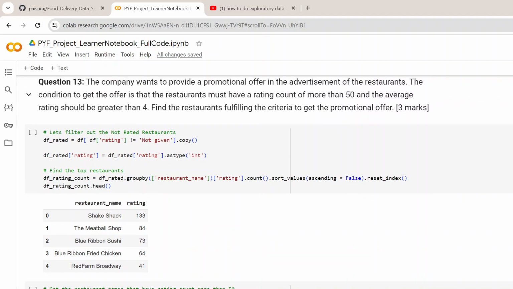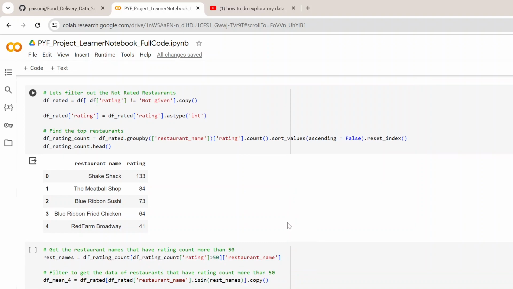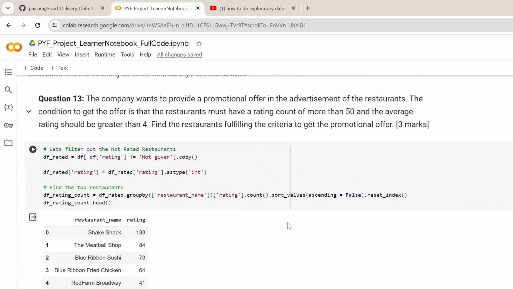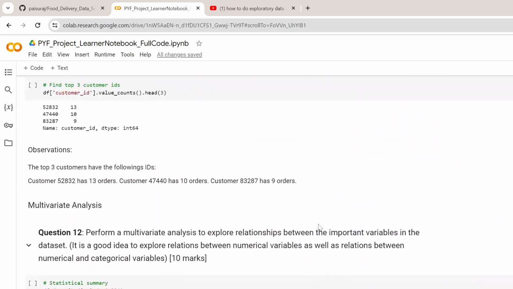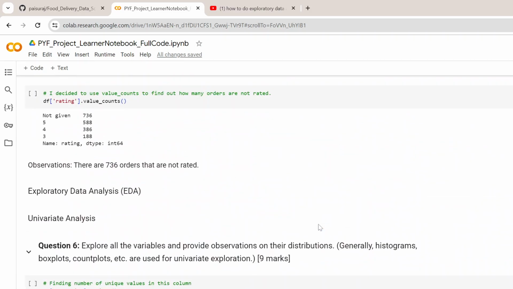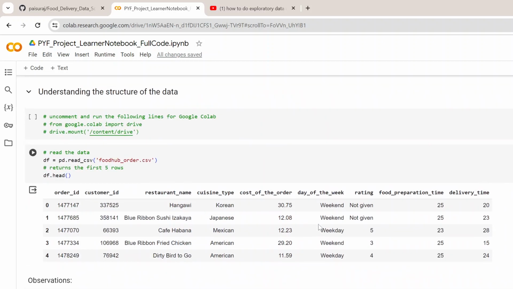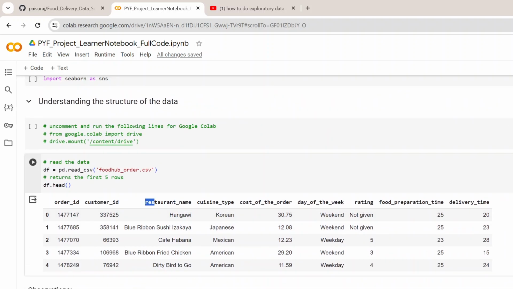So let's keep rolling with the bivariate analysis. I'm trying to think of whether I should just keep going, but it's basically however many rows of data. Let me scroll all the way back up here. We can take restaurant name.